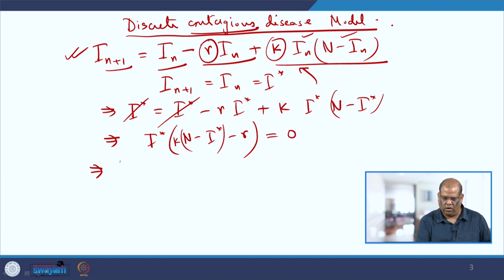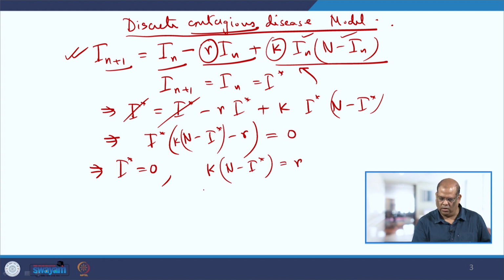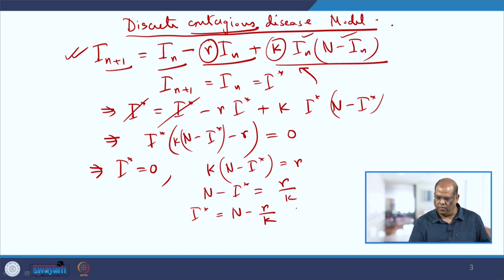So, one of the solutions is clearly I star equal to 0, and the other is k times N minus I star equal to R. So, N minus I star equal to R by k and I star is equal to N minus R by k. And since this is a population, this should be greater than 0.